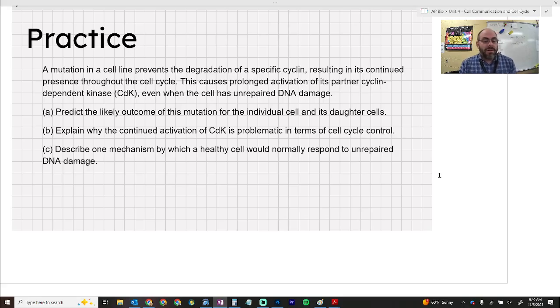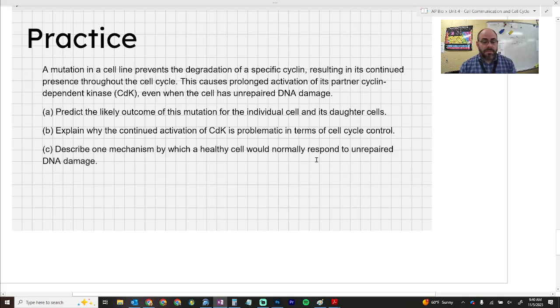Explain why the continued activation of CdK is problematic in terms of cell cycle control. It's because the cell is going to constantly be in that maturation phase. It is always moving toward division, and it's never turned off. That kinase is always activating, and it's always going to continue to turn the cell cycle on.